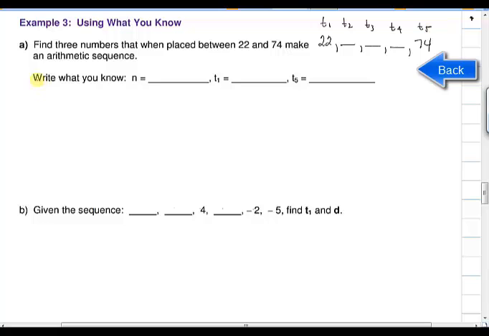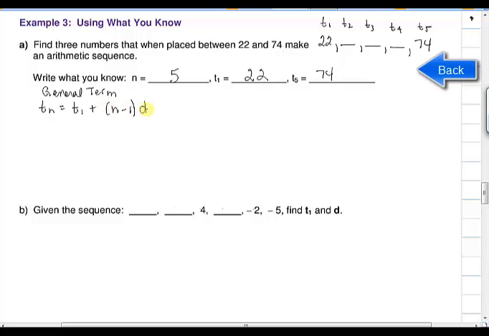As in our previous examples, the first thing you should do is to write down what you know. And we know that n is equal to 5, because we've got 5 numbers in this sequence. We know that T1 is 22, and we know that T subscript 5 is 74. So let's start with our general term. We know that that is Tn equals T1 plus n minus 1 times d.